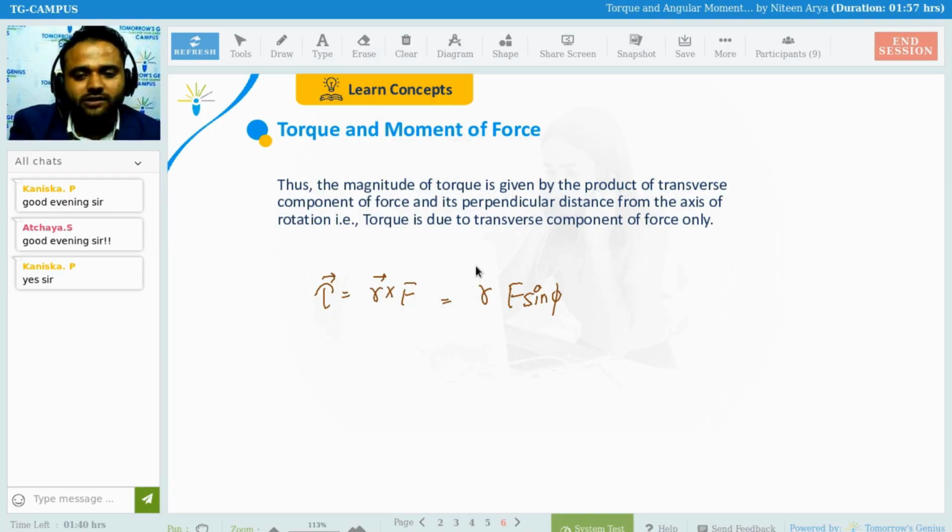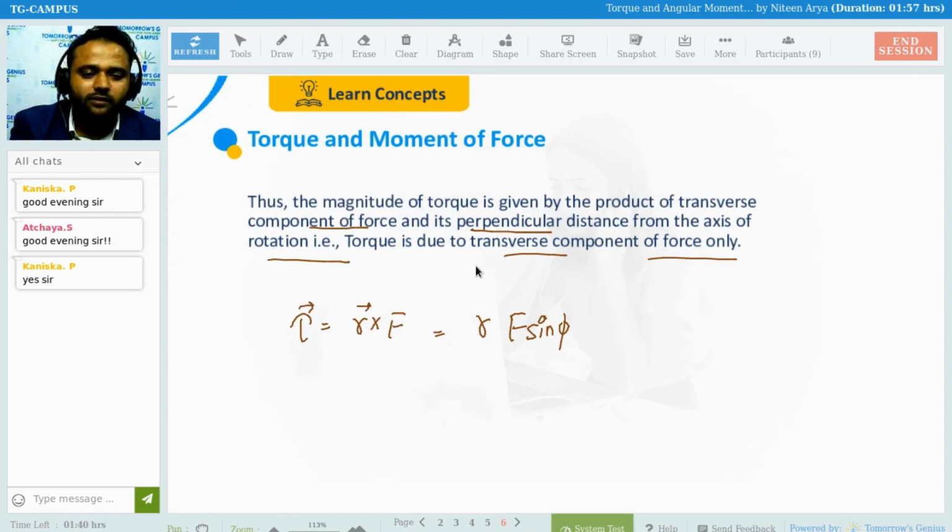Thus the magnitude of a torque is given by the product of the transverse component of force and its perpendicular distance from the axis of rotation. That is, torque is due to the transverse component of force only. There again we can use the vector product in determinant form, like we did in the previous class. Is this clear, everyone?